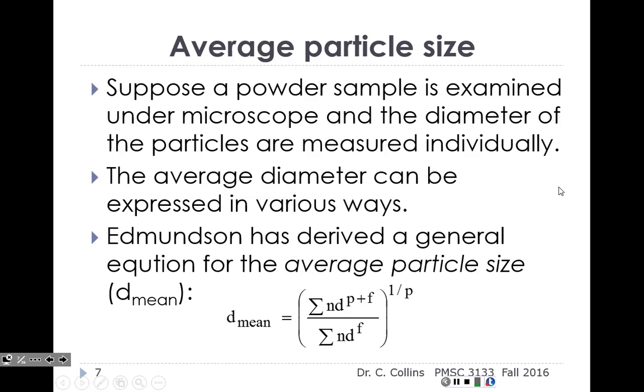There are pieces of equipment that measure these directly. In the old days, you actually took a portion of the powder and put it on a slide and counted the particles of various sizes. The microscope had a scale on it so you could judge the size of each of the particles and plug it into an equation of this fashion. This is the one from Edmondson.